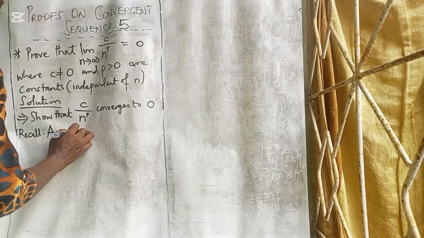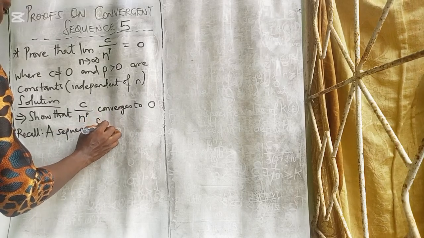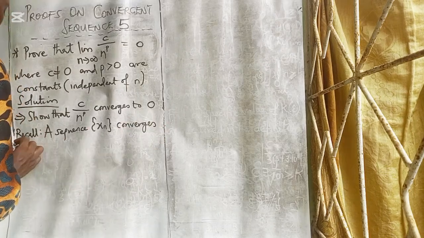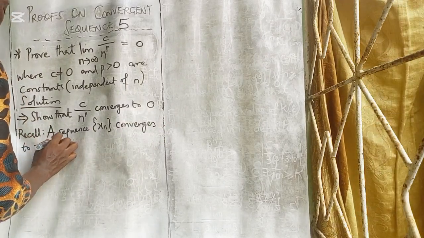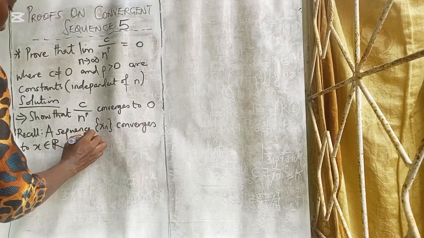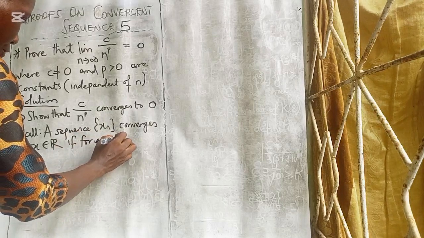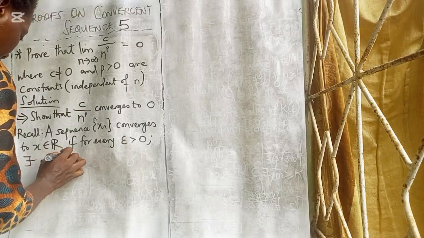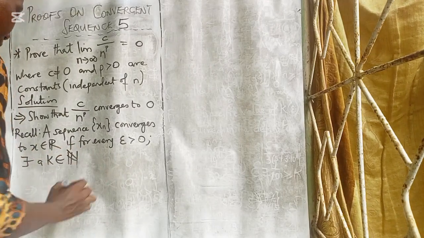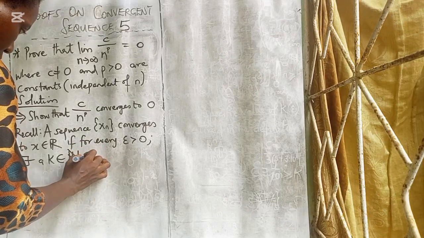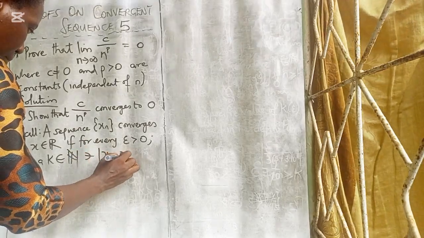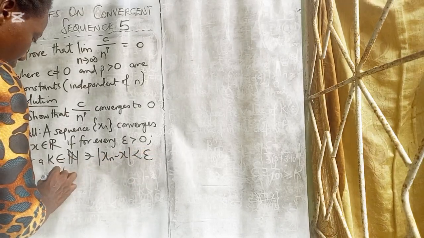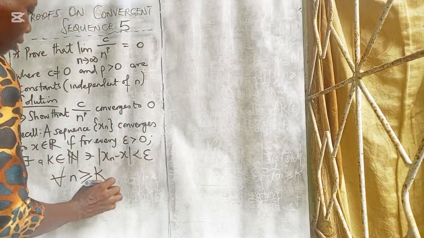This says a sequence x raised power n converges to x, an element of the real numbers, if for every epsilon greater than 0, there exists a k belonging to the set of natural numbers such that the absolute value of xn minus x is less than epsilon for all n greater than or equal to k.